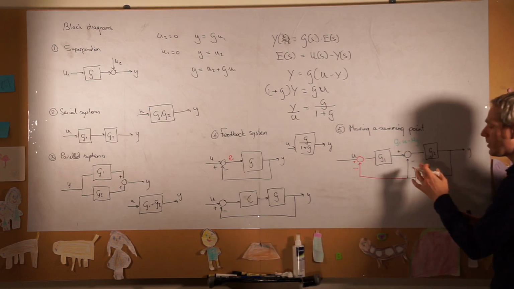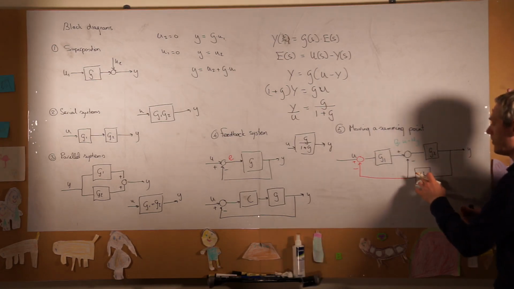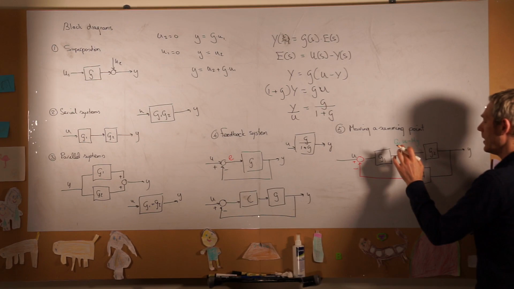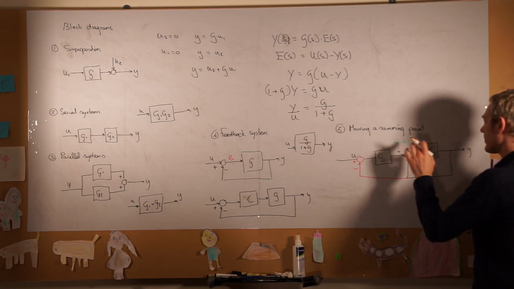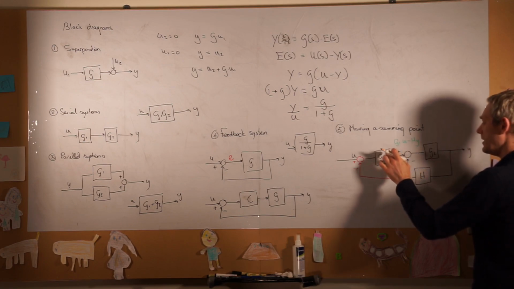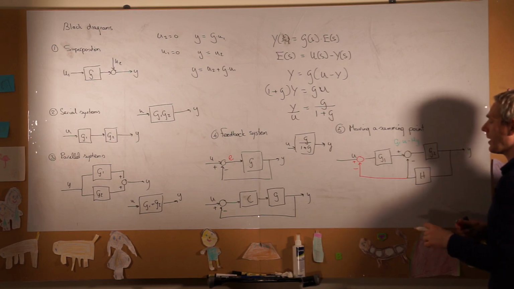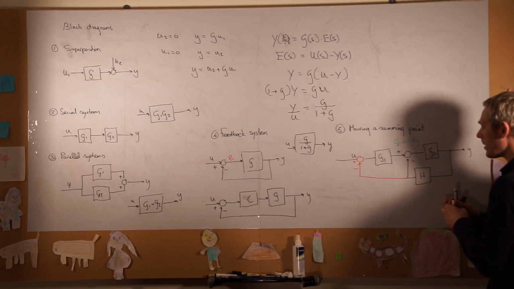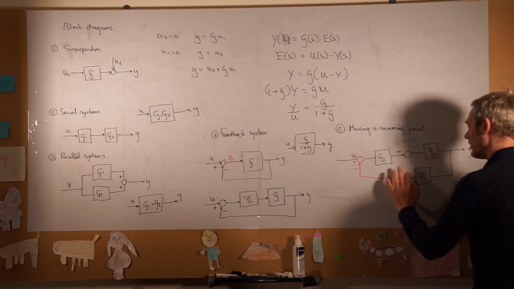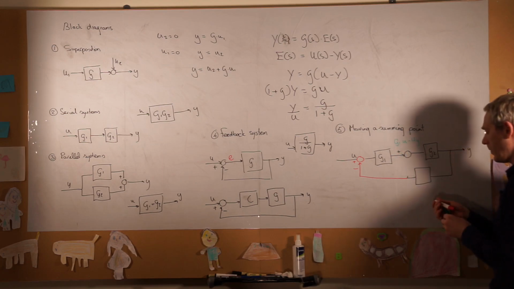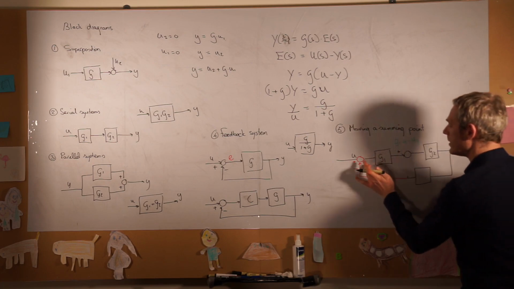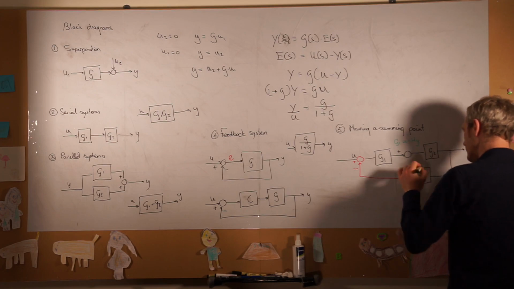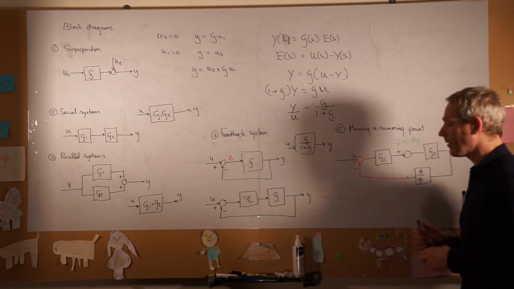I couldn't use the same block diagram because that would mean I wouldn't have just G times U here, but I would have minus H times Y times G, and here I only have H times Y. So I have to adapt my block diagram. Because we moved this to the left of G1, we now get H divided by G1, and let's see what we're left with.